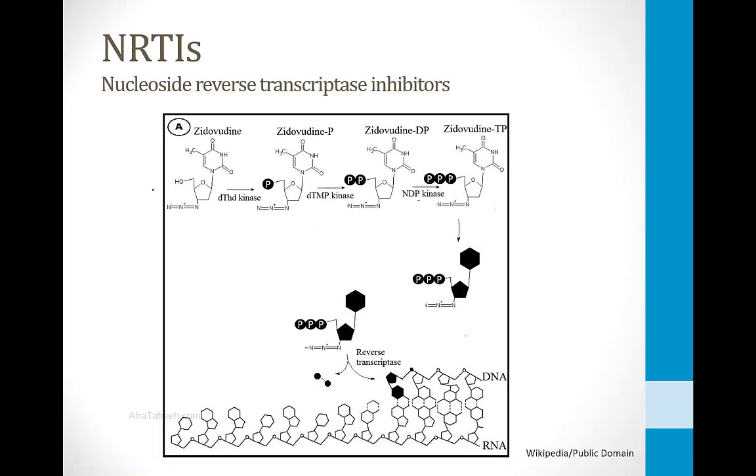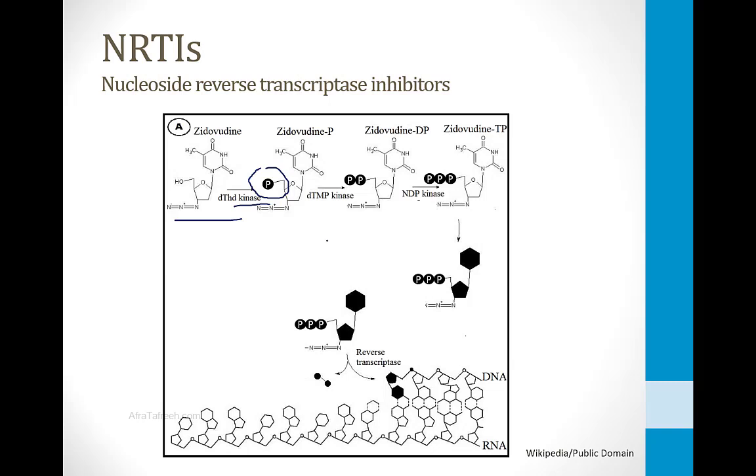And here's a schematic showing you how zidovudine gets incorporated into a growing DNA strand. This is the structure of zidovudine at the top left of the screen. There are kinase enzymes that add phosphate groups to the zidovudine molecule. And remember what I said before, these molecules must be triphosphorylated before they can be incorporated into a growing strand of DNA.